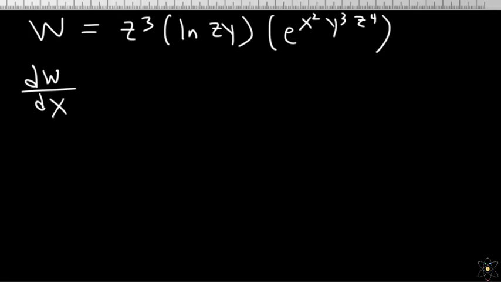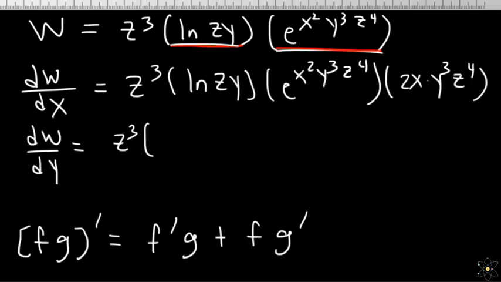So the first part is this part, because that's the first time the variable shows up, and this is the second part, and that's just a constant. So we can rewrite the constant, z to the third. And then let's differentiate the first part, ln zy. The derivative of ln u is u prime over u.